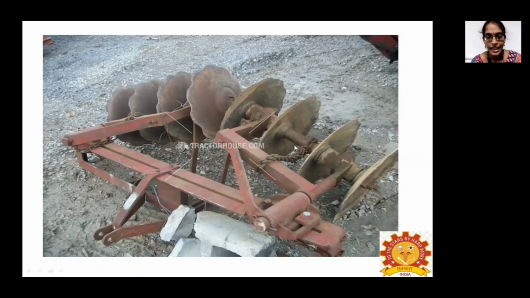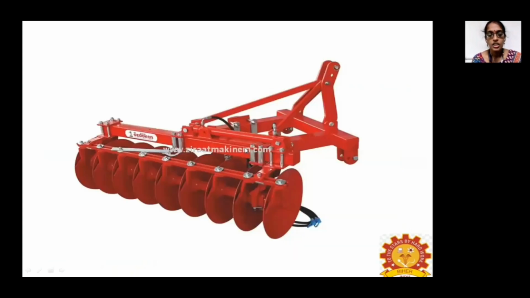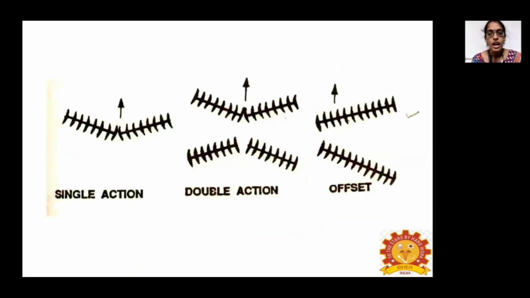This one is known as the gang, and this one is the single action disc harrow. This is also a single action disc harrow. In the case of the double action type, it consists of two sets of harrows, one followed behind the other. In the case of the offset disc harrow, this is attached in the tandem direction.